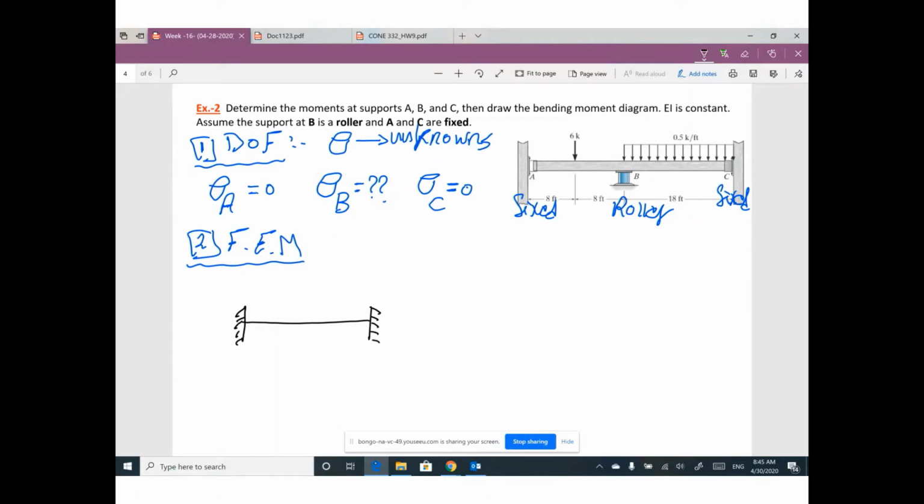And you have a concentrated load, how much? 6 kip. This member is called AB. The other member will be assumed fixed with a uniform distributed load. How much? 0.5 kip per foot, and this member is called BC.